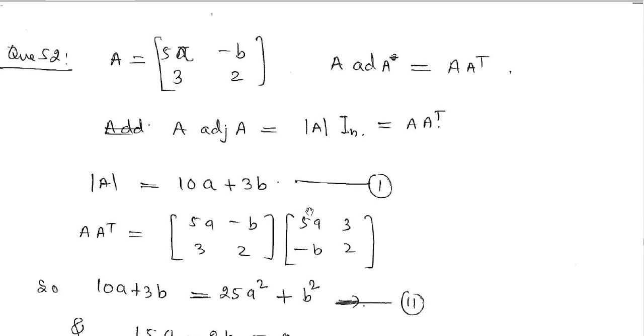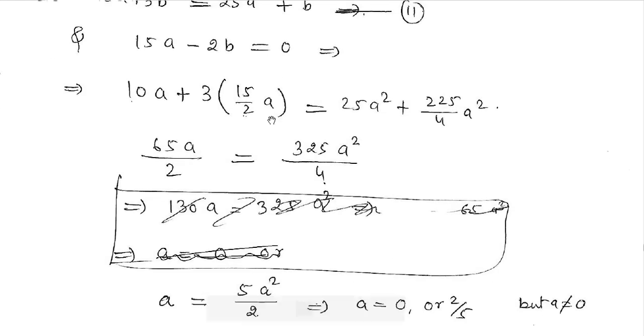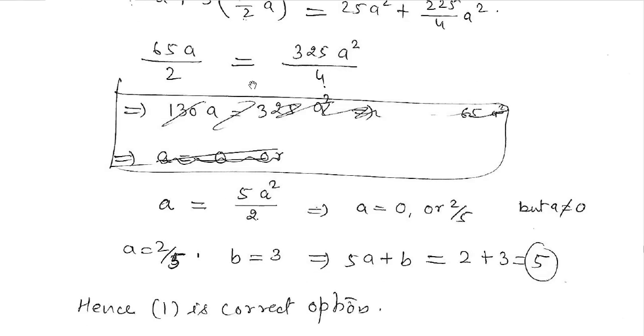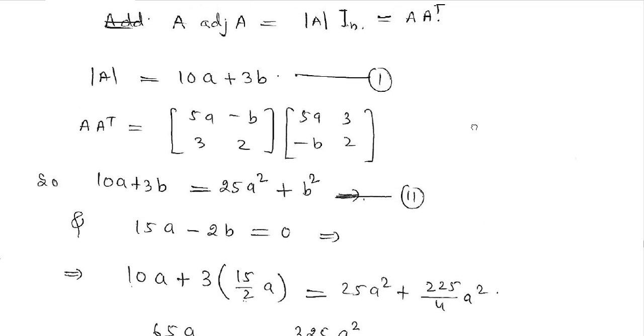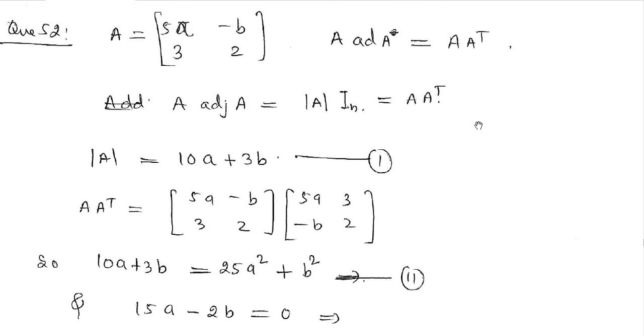Here you will get 0, this expression will be 0, so the determinant will also be 0. Okay, means a and b can be 0. A can be 0 or 2 by 5. You need to think why it is not 0. I just forgot why it is not 0.